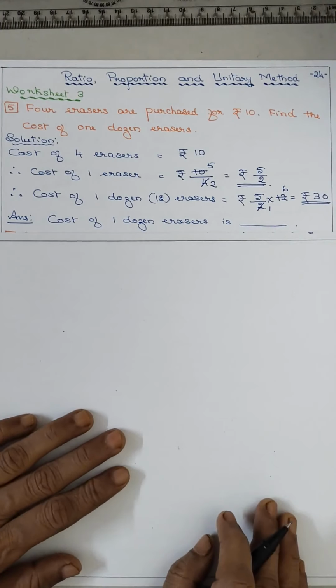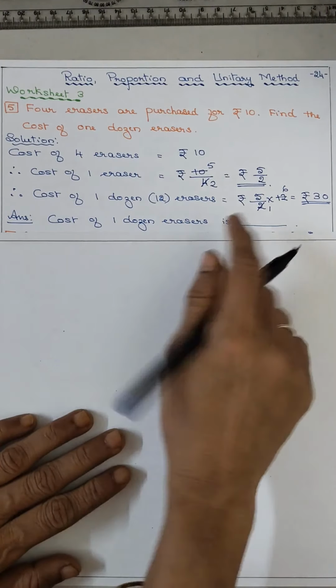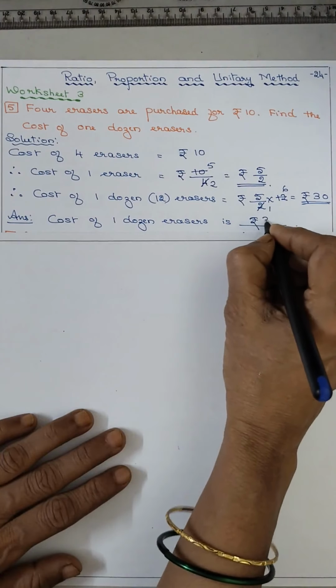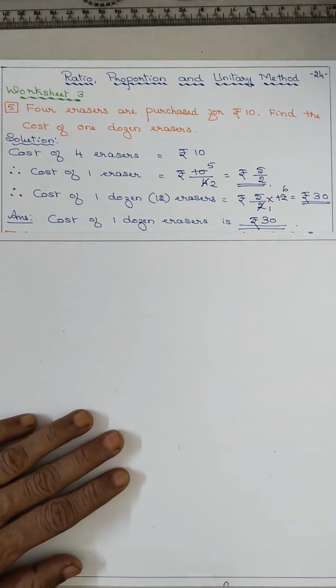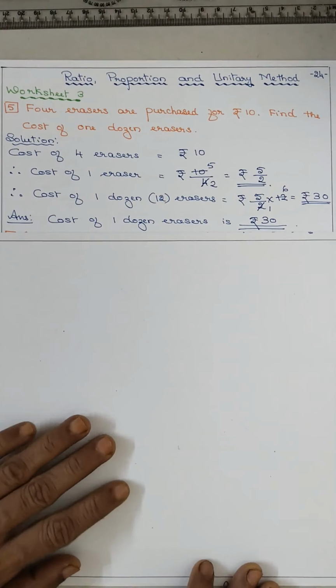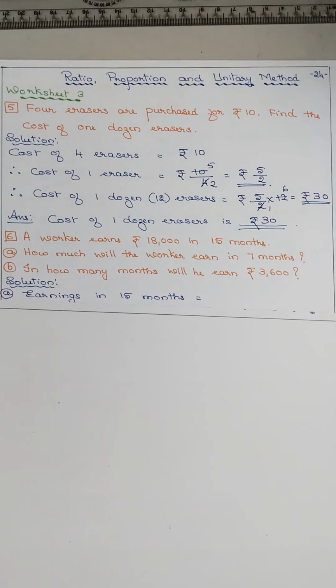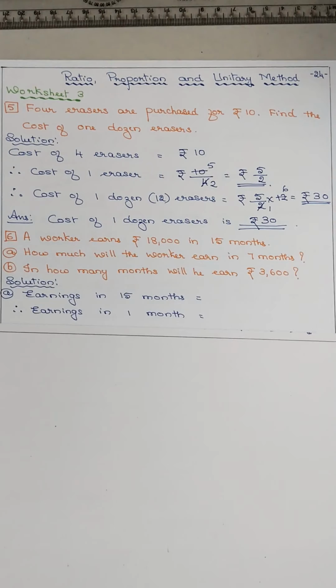Answer is ₹30. Cost of 1 dozen erasers is ₹30. Are you clear with the sum? Just like the earlier, 1 quintal, that is 100 kg, so you are multiplying by 100, just like that. 1 dozen erasers means multiply by 12.